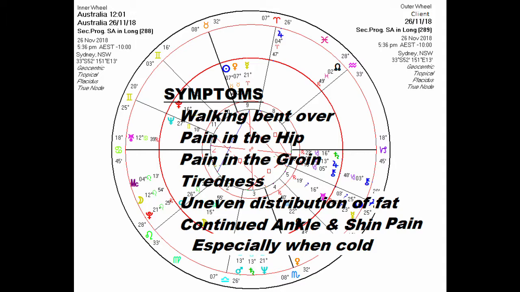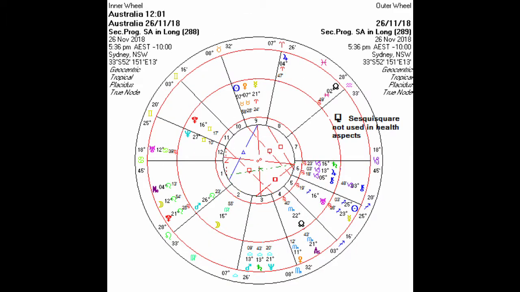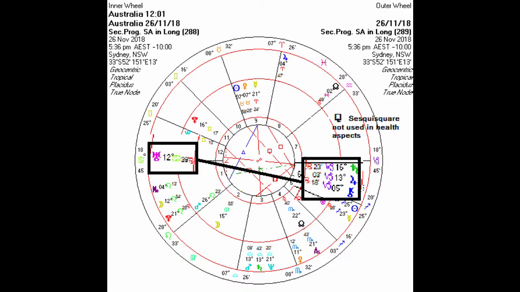Now, if we look at her chart here, if you're familiar with charts, I'll try and illustrate the houses, which is the inner circle where you've got 1 to 12. Firstly, if we look at Uranus, which is in the 12th house, that's on the eastern side, on the left side, because it is the eastern side in a chart.